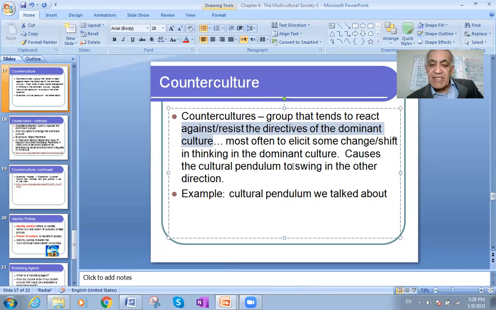Most often, to elicit some change, a shift in thinking, they need to change ways of thinking in the culture, which causes the culture pendulum to swing in the other direction. Because they are arguing for changes, they might lead part of this culture to another extreme or direction.